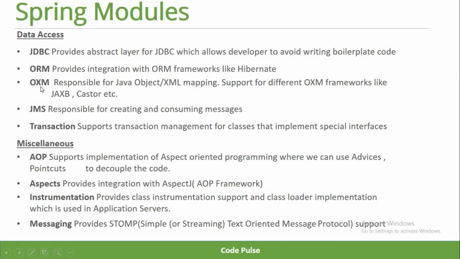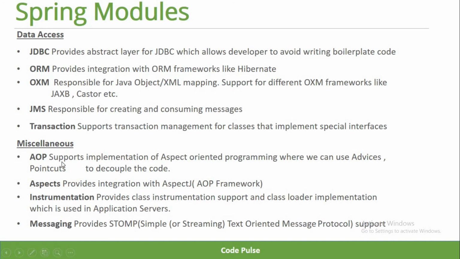OXM is responsible for Java object and XML mapping. It supports different OXM frameworks like JAXB, Castor, etc. JMS, that is Java Messaging Service, is responsible for creating and consuming messages. Transaction supports transaction management for classes that implement special interfaces.